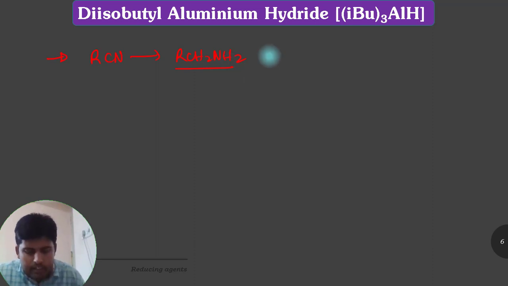Basically we see that the nitriles get converted to RCH2NH2, that is primary amine, when we have two equivalents of DIBALH.